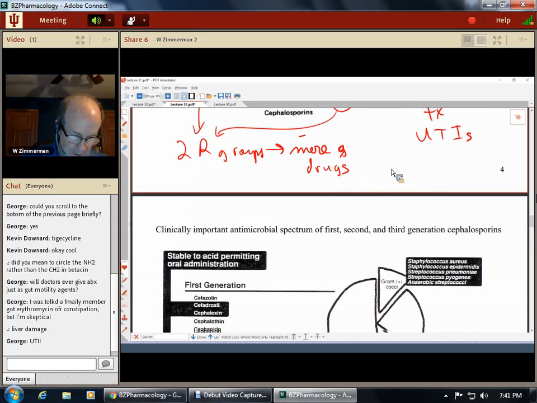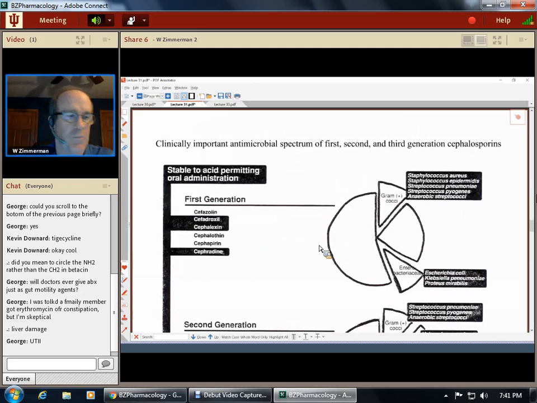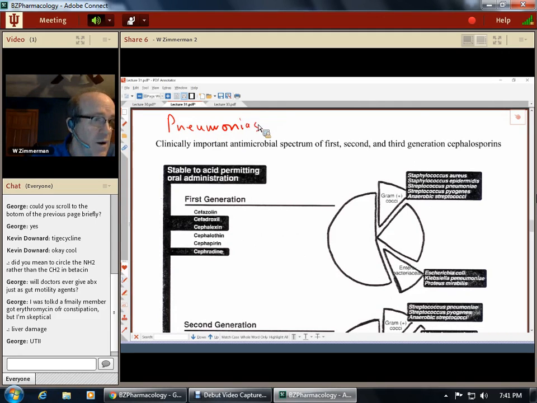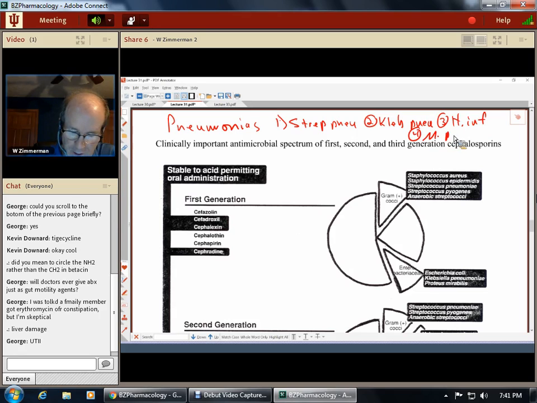Looking at these different cephalosporin groups, let's keep in mind the pneumonias as we go down through this. Strep pneumonia is a big one. Klebsiella, Haemophilus influenzae, and Mycoplasma pneumoniae.